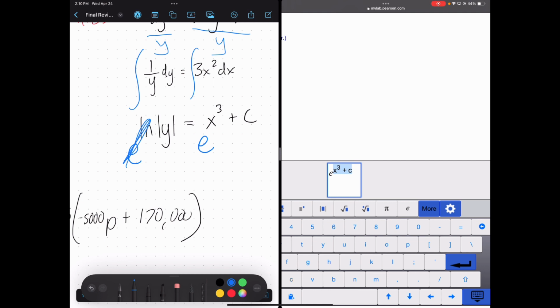Notice how I have to keep that plus C up in the exponent. Okay, keep the plus C in the exponent.